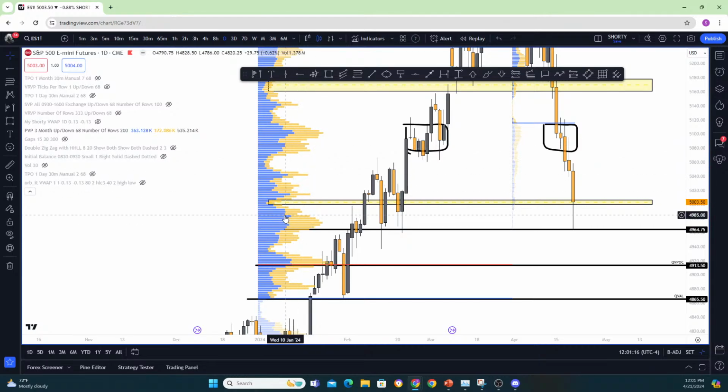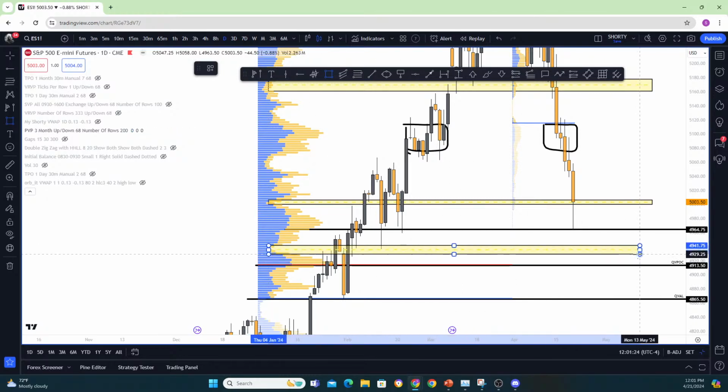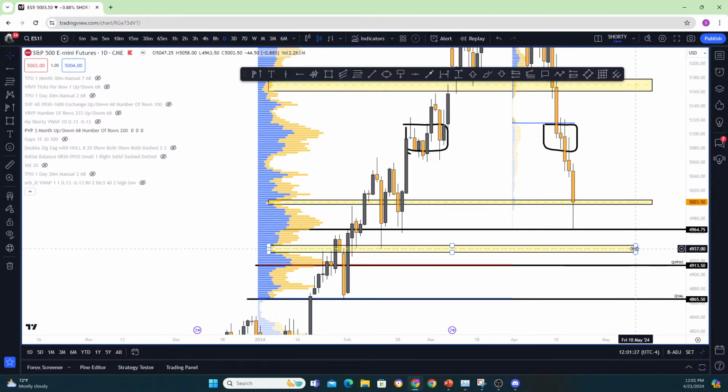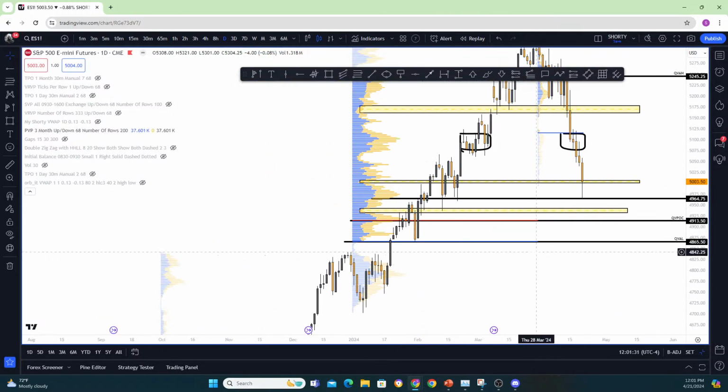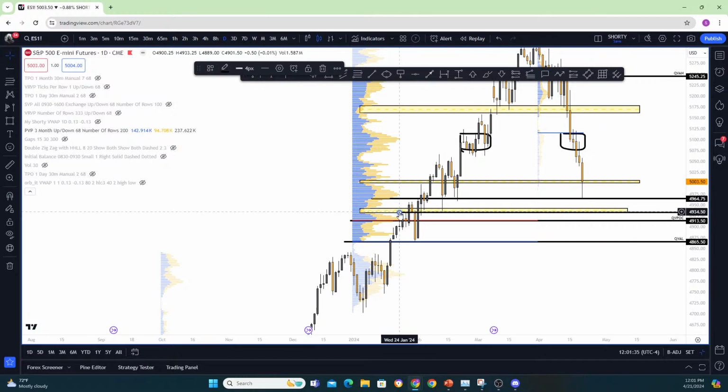Your high volume node here said, sure, yeah, we found some buyers sitting there. If they crack that level, then you have the one that initiated from the LVN, where the aggression was sitting right here. So you have that 49.37 level, which also happens to be a fairly important level in terms of where we consolidated.